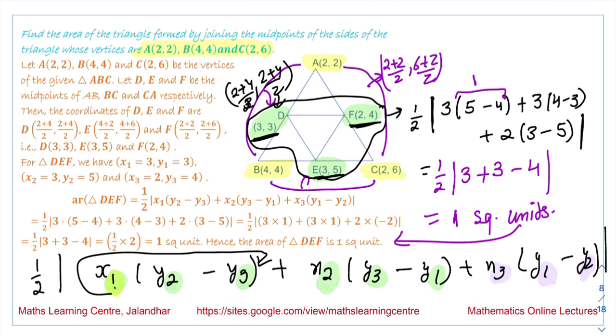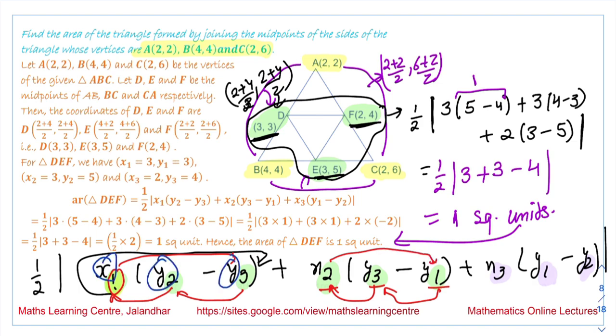In the next, this 2 is shifted at this point, 3 is shifted at this point, 1 is shifted at this point. You will get 2, 3, 1. Next 1 is shifted at this point, this 3 is shifted at this point, and 2 is shifted at this point. What we are saying is these x, y are fixed.